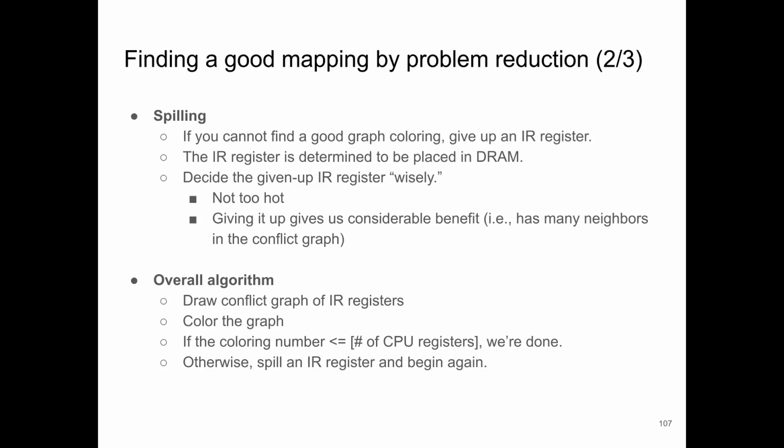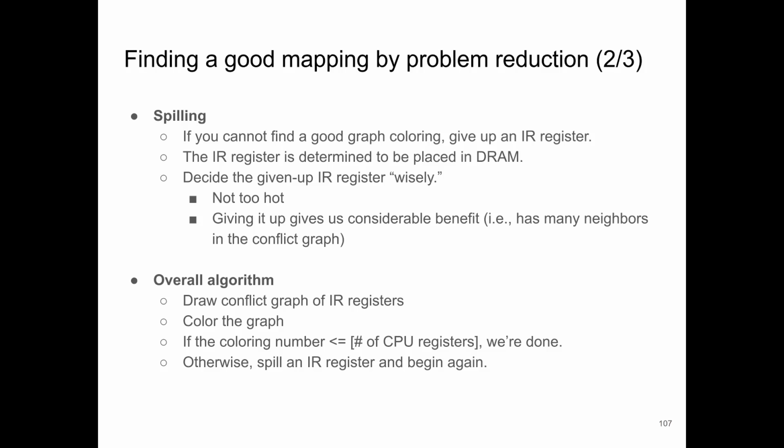So it should not be too hot. At the same time, giving up the IR register should give us a considerable benefit in the graph coloring. For example, if it has many neighbors in the conflict graph, then it is expected to benefit the graph coloring problem. So you need to choose such an IR register.